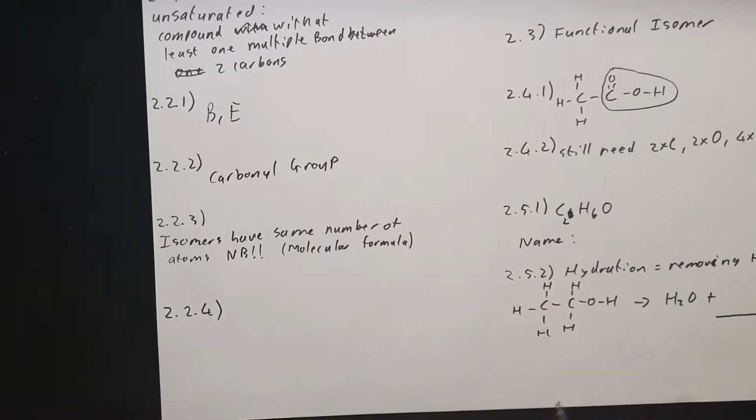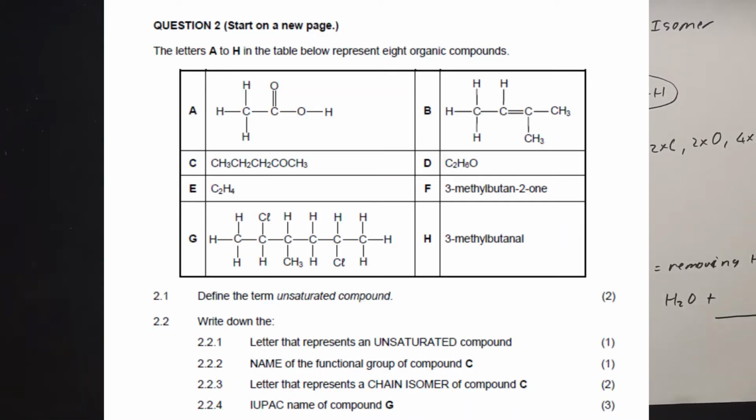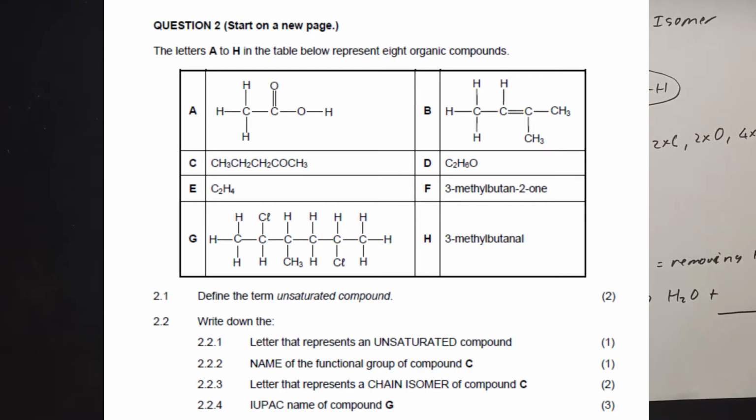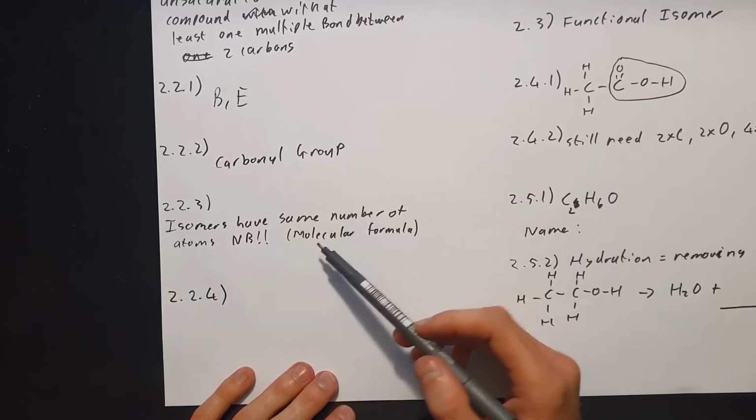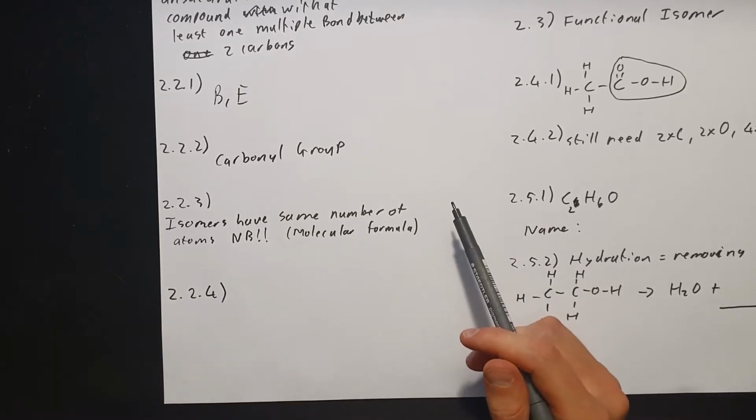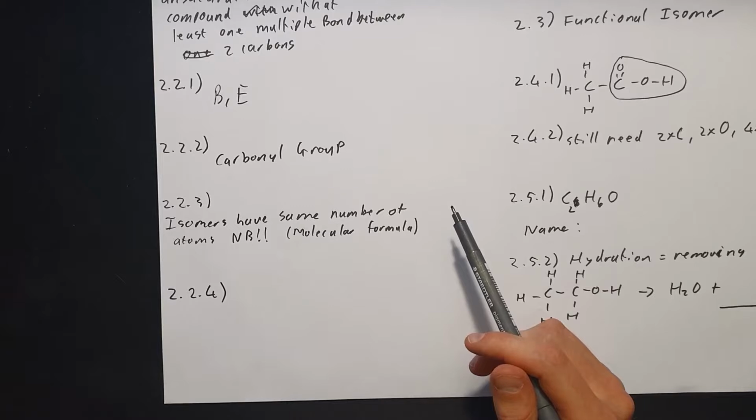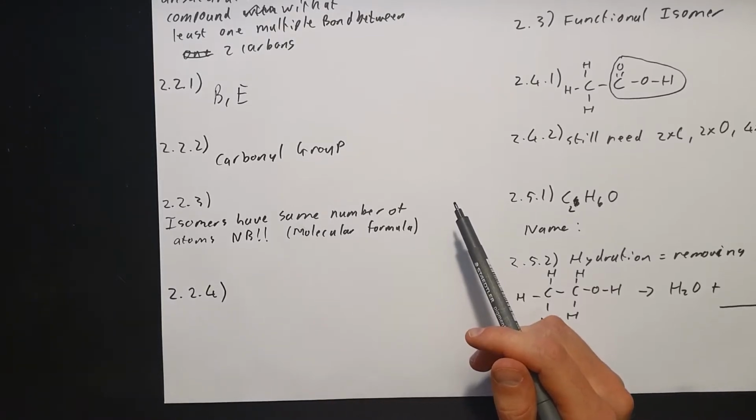Now 2.2.3, the letter that represents the chain isomer of C. What is an isomer? Remember, it has the same number of atoms or molecular formula, but a chain isomer means all we've done is shift the chain.